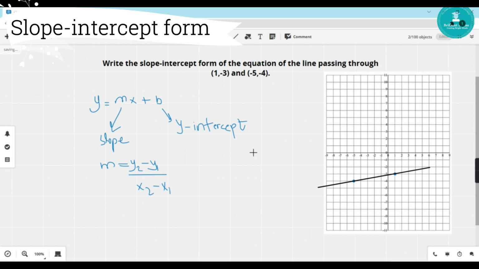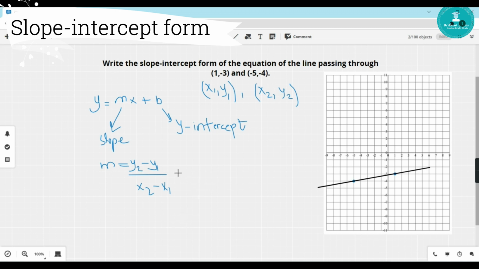They have already given us 2 points. I can write this one as x1, y1. It means our x1 is 1 and y1 is -3, and this point is x2, y2. It means x2 is -5 and y2 is -4.